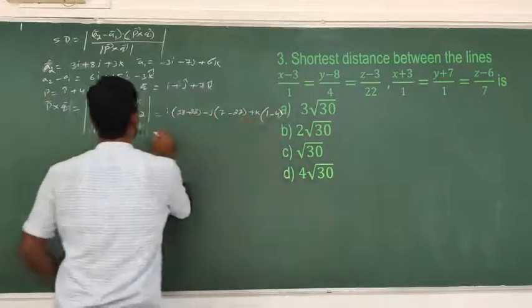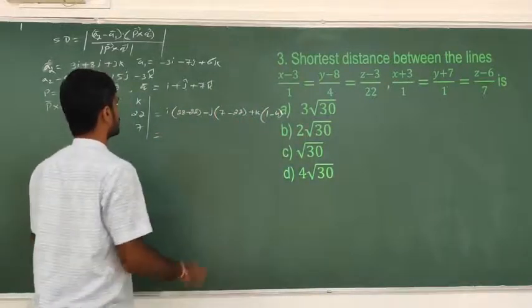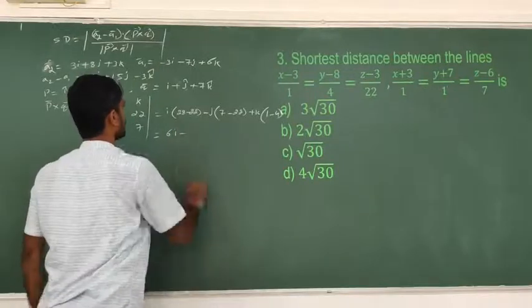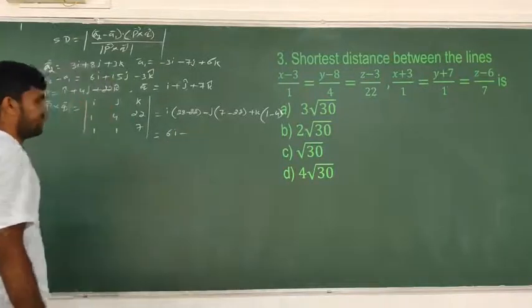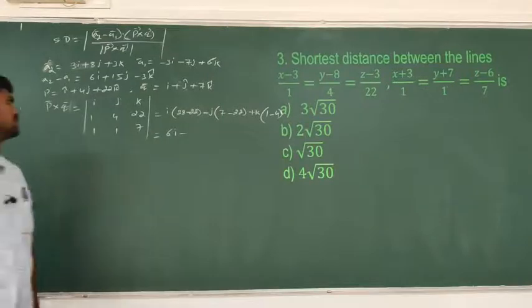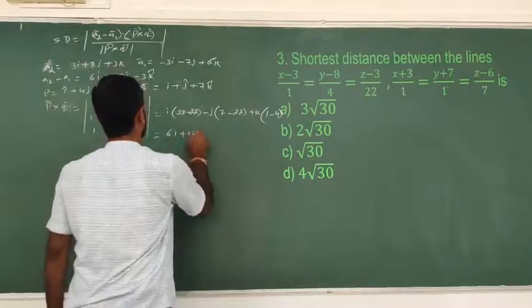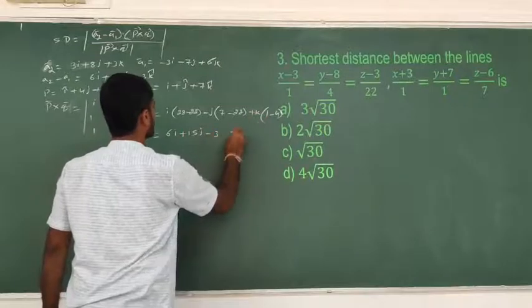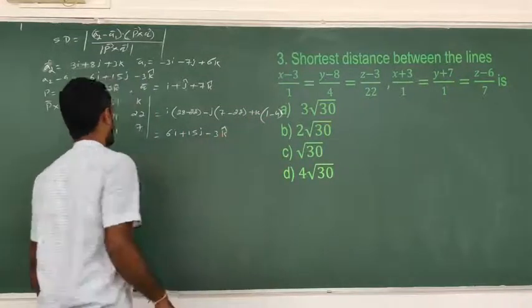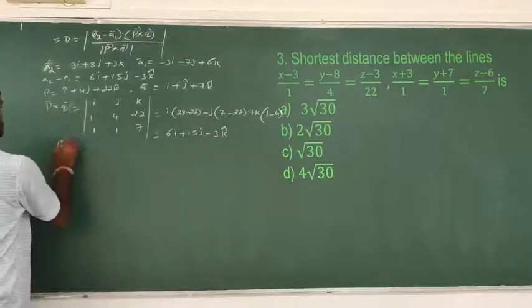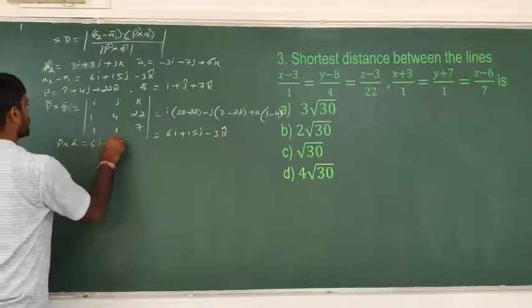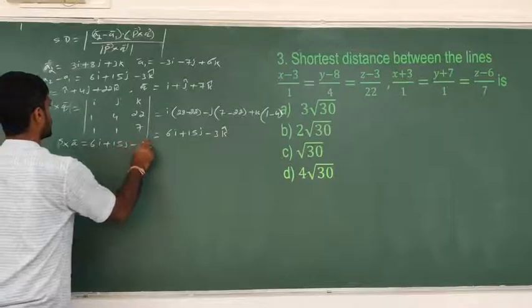That is 6i, minus (minus 15)j, which is plus 15j, and minus 3k. Now p cross q is 6i plus 15j minus 3k.